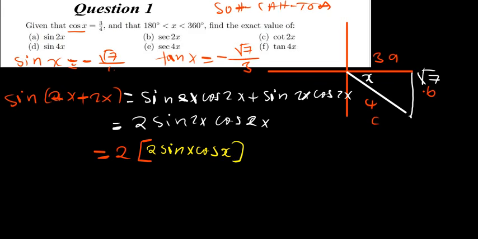Now, which identity should I replace cos 2x with? I can choose any among the three I gave you. Which one do you want to go with? What is the first one?